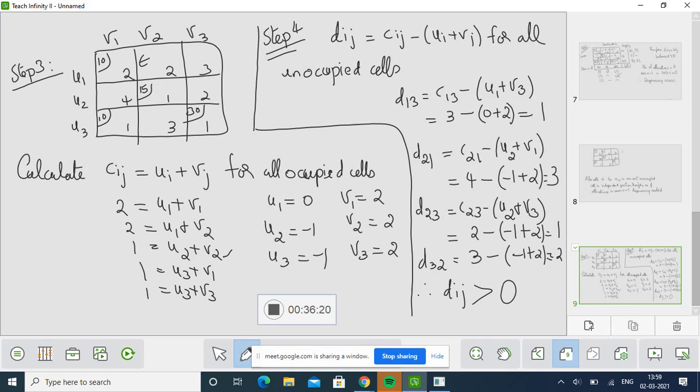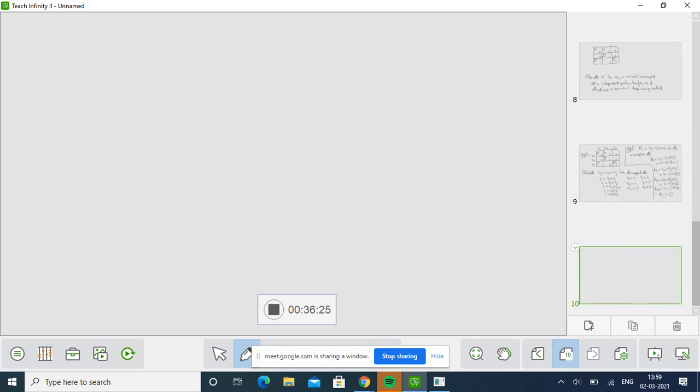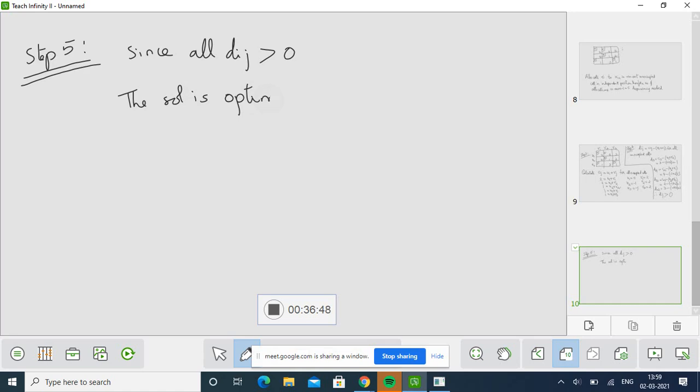Since everything is greater than 0, what can I say about the solution? Step 5. Since all Dij are strictly greater than 0, the solution is optimal, basic feasible solution, which is unique.